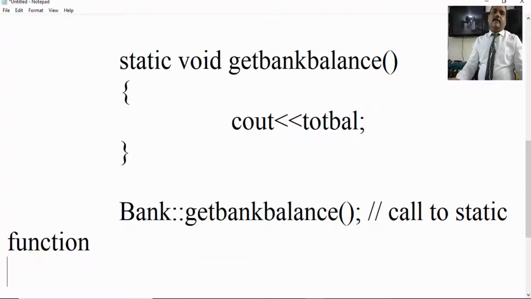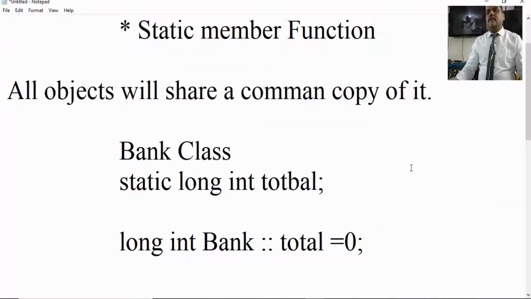This is the elementary thing I discussed. If you have a class, there are individual copies, which belong to the object, and a common copy shared among all the objects.